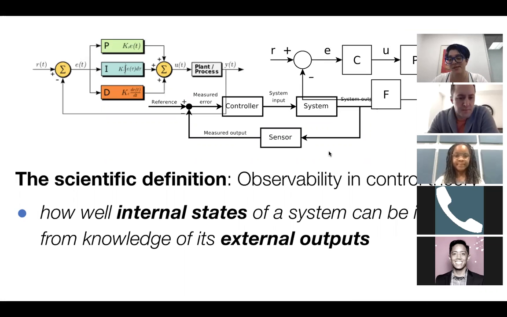This is important because sometimes it's impossible to see inside of a system. And that's mostly true for software. Just as it's impossible to see what's happening in a chemical distillation process, we need some way to know what's going on.